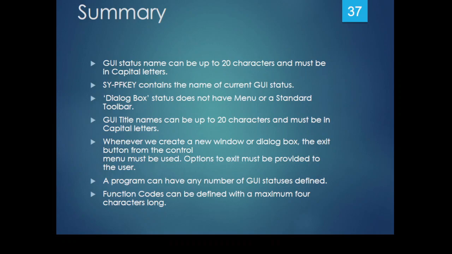Whenever we create a new window or dialog box, the exit button from the control menu must be used. An option to exit must be provided to the user. A program can have any number of GUI statuses defined. Function codes can be defined with a maximum of 4 characters.